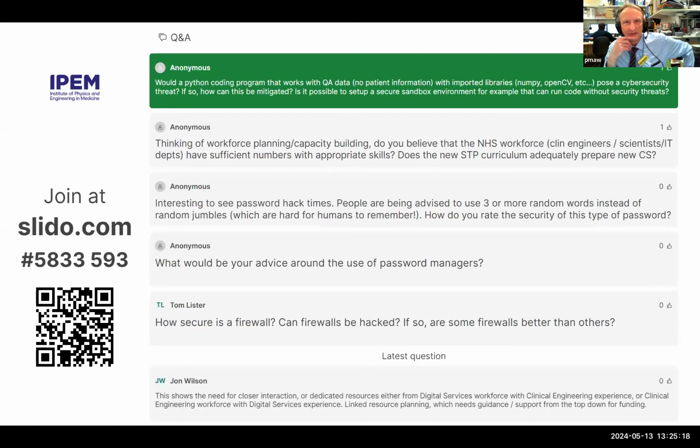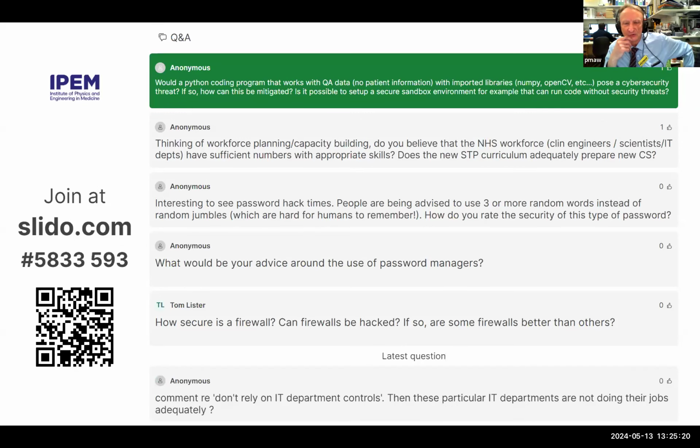Yeah, Python coding and medical applications don't really go hand in hand. I mean, anything that's sitting on the network, yes, it would be a cybersecurity threat if it can become infected. Not necessarily the code itself, but the platform on which it sits would be vulnerable.